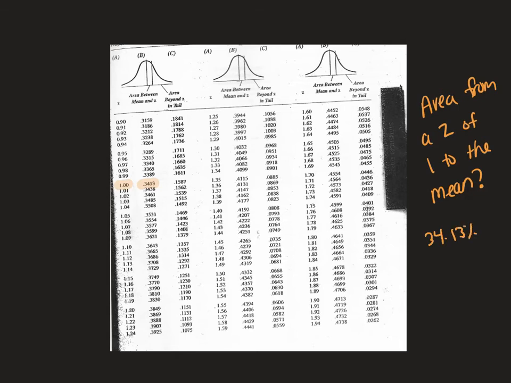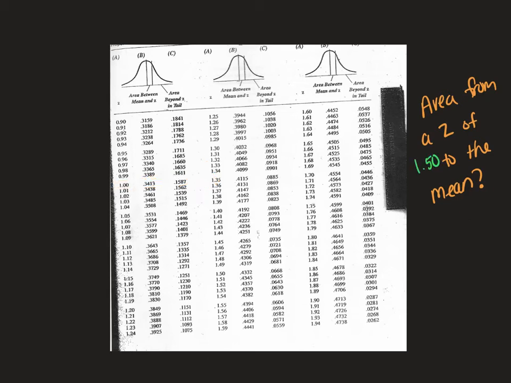It also tells me that the area from there to the tail is 15.87%. If I add these two together, I'm going to get a total of 50. That'll happen for all of these segments when divided from the mean to the tail. Now that 34.13% should be pretty familiar to you because we already sketched that out on the curves earlier today.